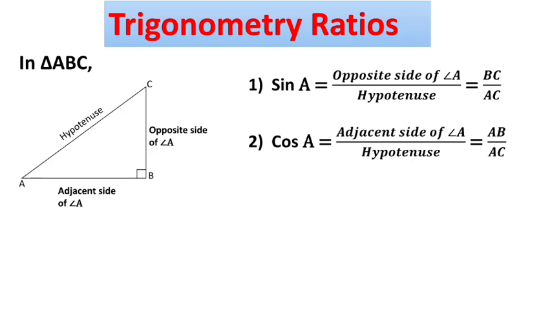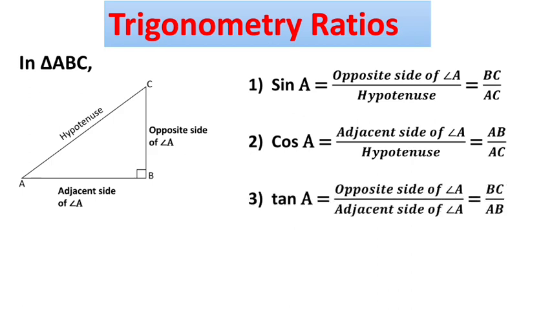The second ratio is cos A. The cos formula was adjacent side upon hypotenuse. So the adjacent side of angle A upon hypotenuse. Here the opposite side is BC, so the adjacent side will be AB. So adjacent side AB upon hypotenuse AC.